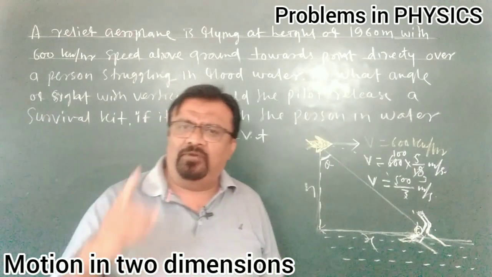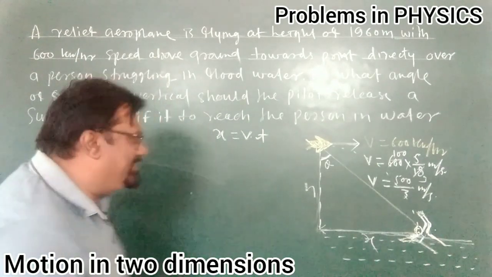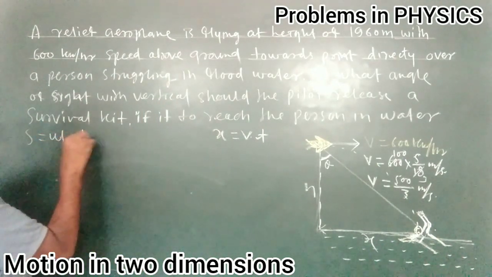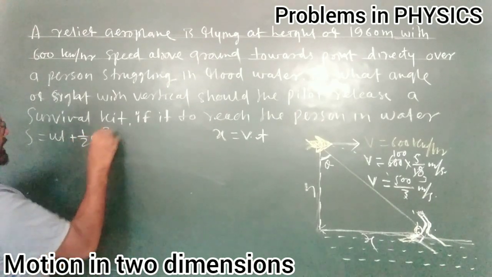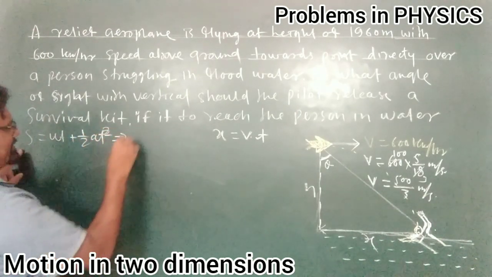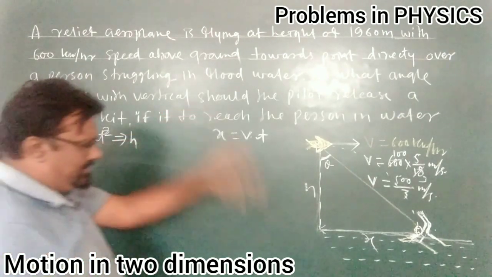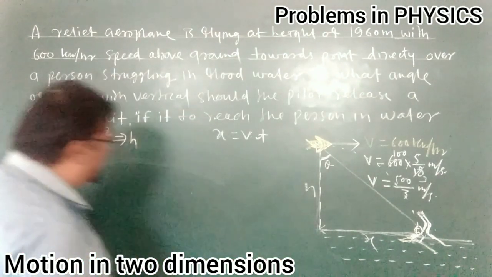Now to find out the time, we can use the equation s is equal to ut plus half of at square, and you know that here s is nothing but the vertical distance traveled by that survival kit to reach the water surface.